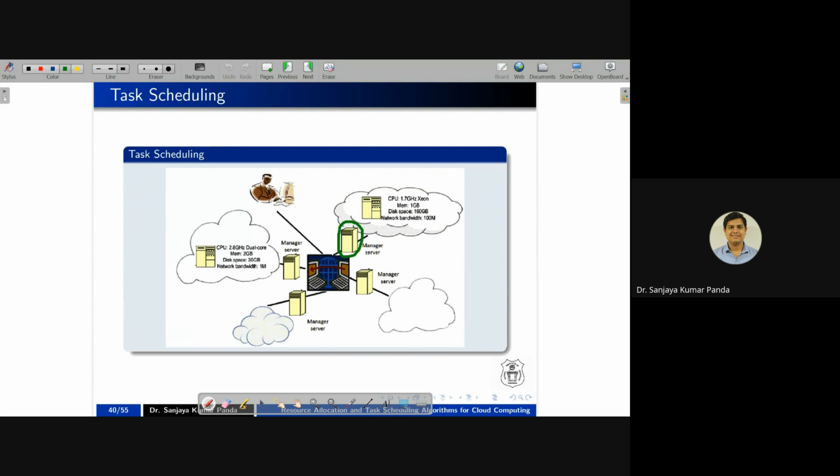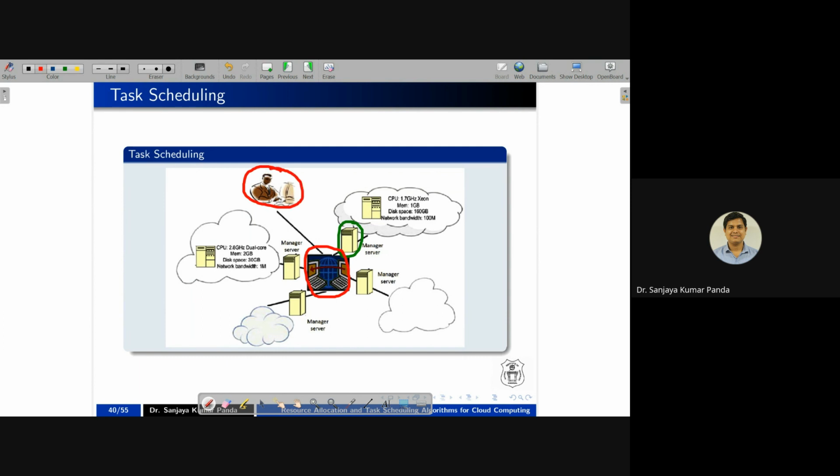This is a manager server which keeps track of the resources of its cloud, and all the information is with the centralized manager. So whenever a request reaches the centralized manager, it has to consult with the manager servers of various clouds to decide who is going to execute the task of this particular user. Right? That is called a centralized approach.